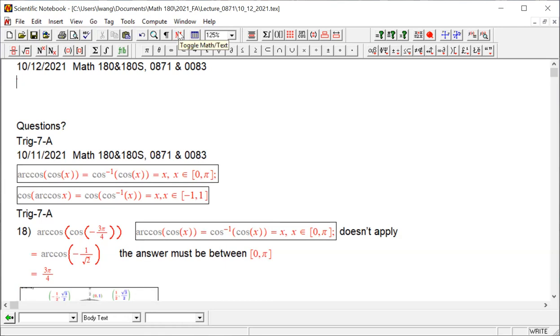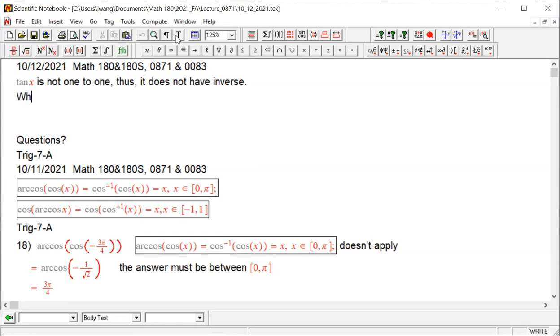We know the tangent function. What's the domain of tangent? This function is not one-to-one, thus it does not have an inverse.